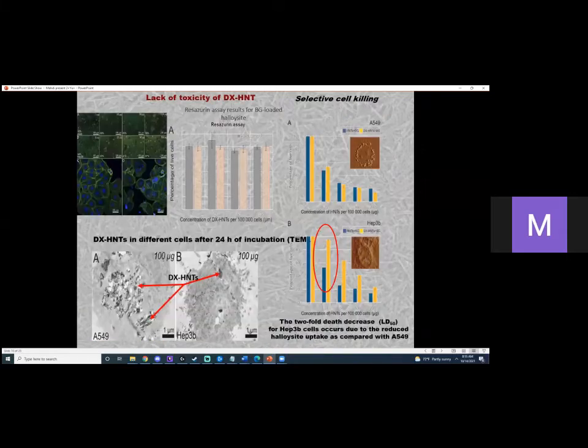And these are some more images showing the actual dextrin-capped halloysite in different cells after 24 hours of incubation. So we can see the difference that occurs along with the same results, showing how and why halloysite is advantageous over time rather than just instantly bursting release into cells.